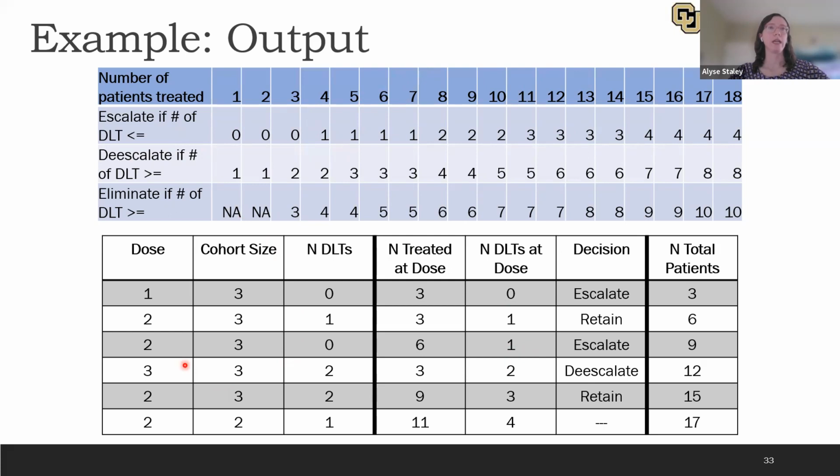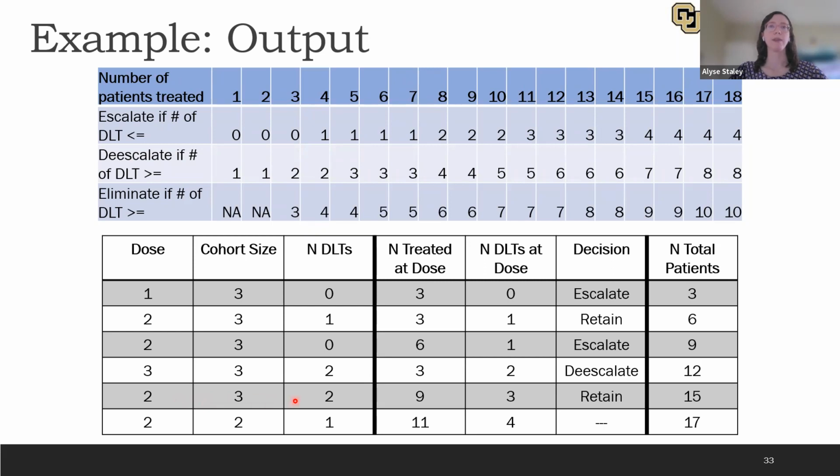And now we're up to dose level 3, cohort size is 3, 2 DLTs. Since this is the first time treating at dose level 3, those are the same as our totals. And so we'll go back to 3, we had 2 DLTs, and we need to de-escalate. And we're back at dose level 2 again.